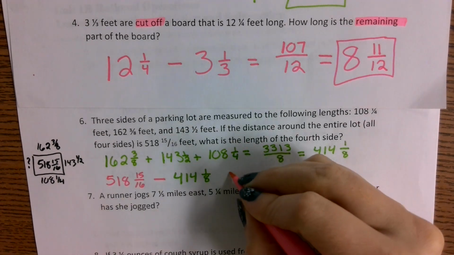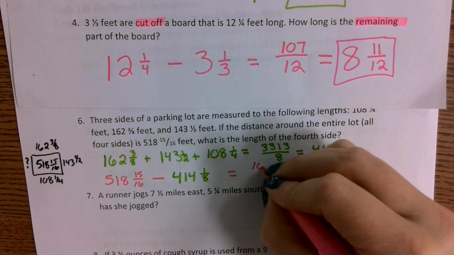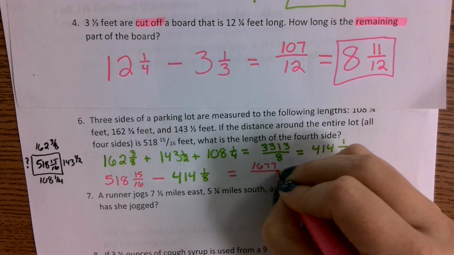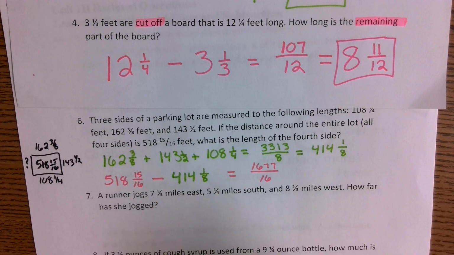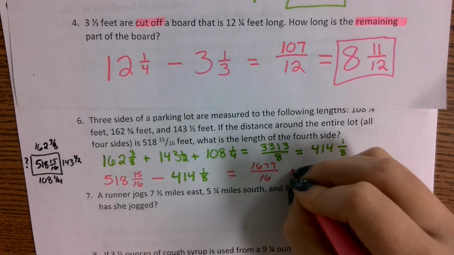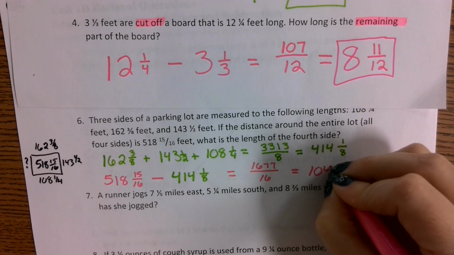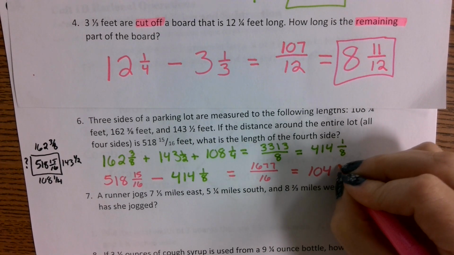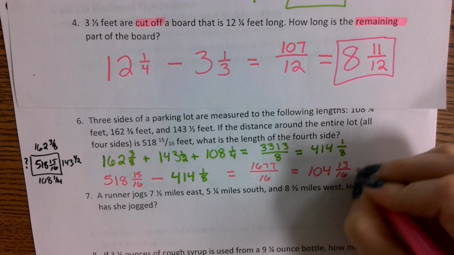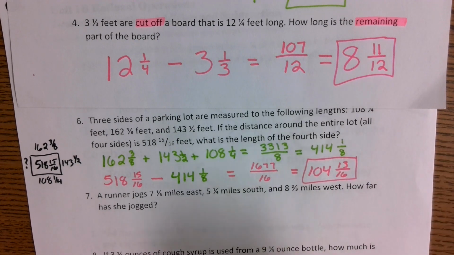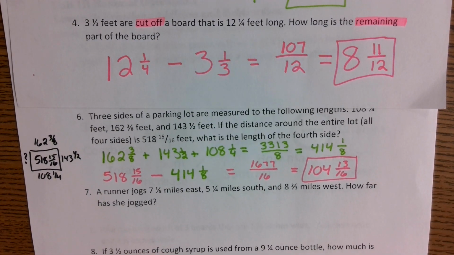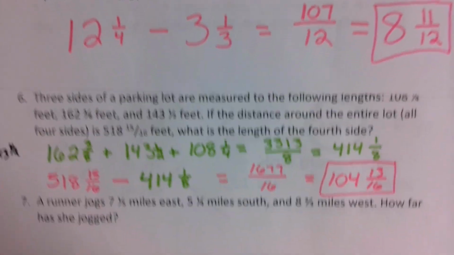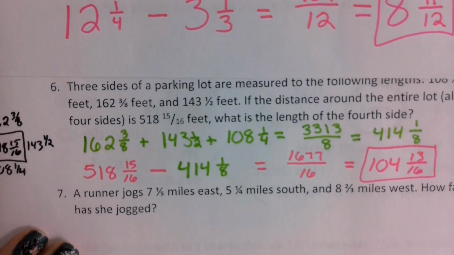When we do, we're going to get 1,677 over 16, and that's going to convert to 104 and 13/16. It's a lot, but it's an easy process.